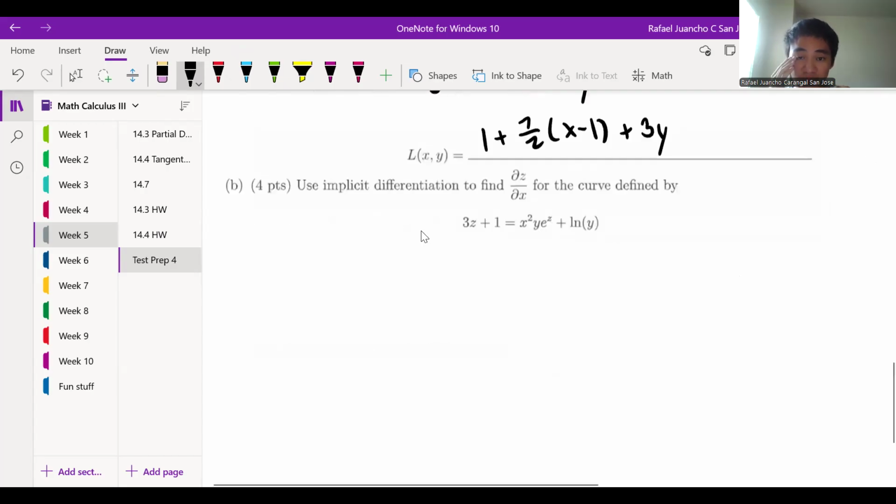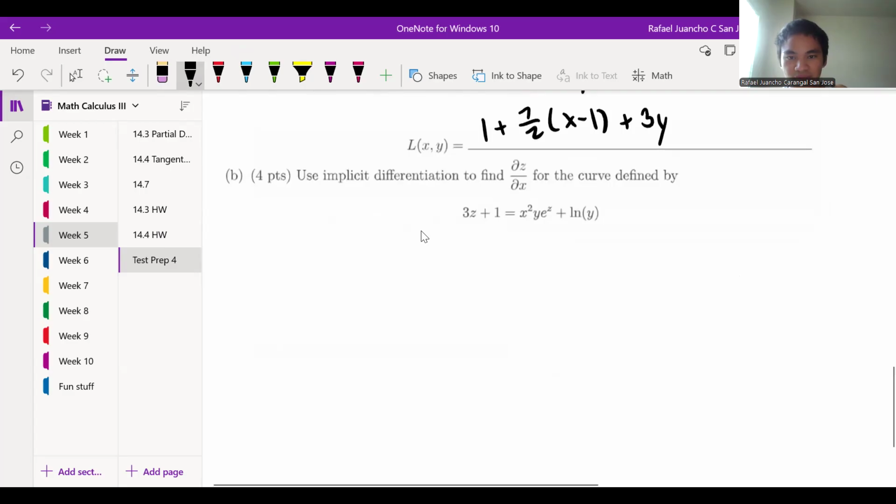And next we use implicit differentiation to find this for the curve defined by this. So here I take the derivative of both sides, right? I treat z as a function. So z is a function of x and y. Well, here I think x is a variable, y is a constant.